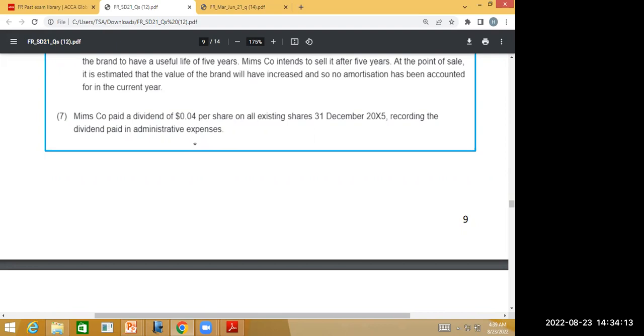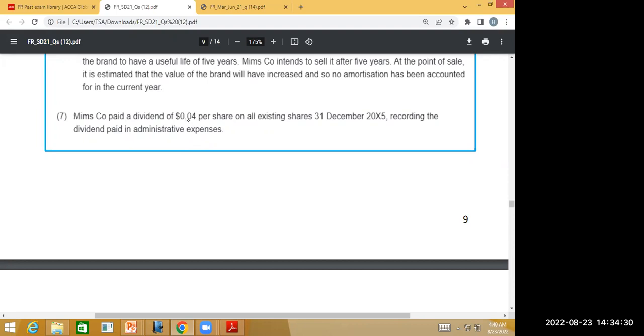So the correct accounting treatment for the dividend payment is it should be adjusted against the retained earnings rather than charging as an expense in the income statement. So you need to remove the dividends from the administration expense and charge from the retained earnings.